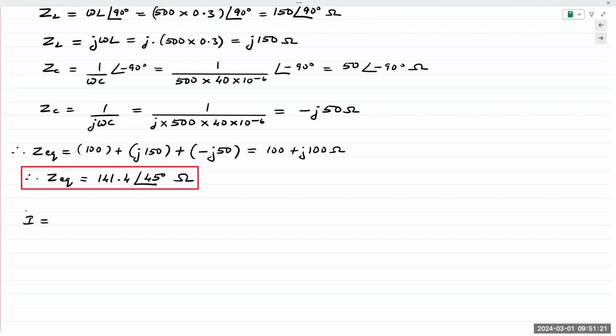So the phasor for I can be written as Vs over ZEQ. Magnitude for Vs is 100. Magnitude for ZEQ is 141.4. Phase angles get subtracted, so it's 30 minus 45. And my answer would be 0.707 at minus 15 amps.